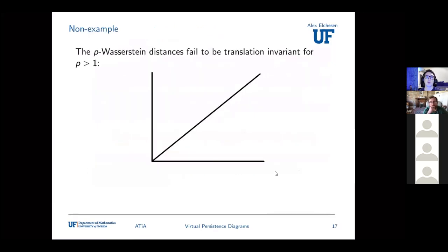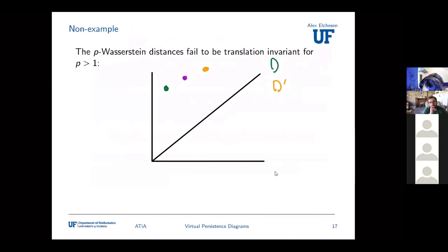Like I said, the p Wasserstein distances fail to be translation invariant for p greater than 1. An easy way to see that is to take two diagrams D and D prime with a single point each, and pick a point in between them, the midpoint.